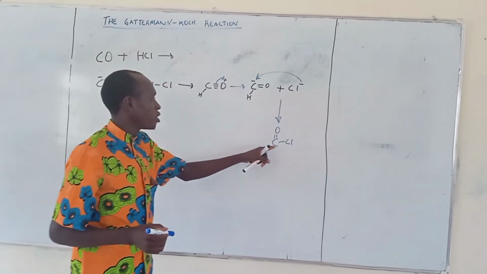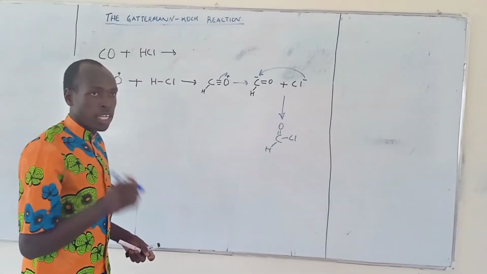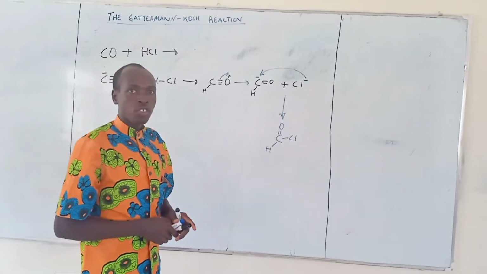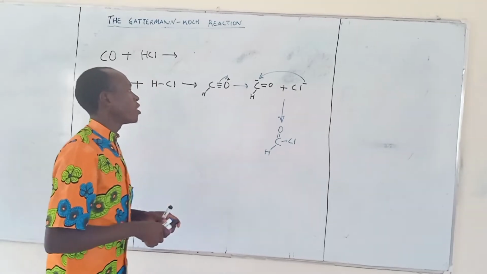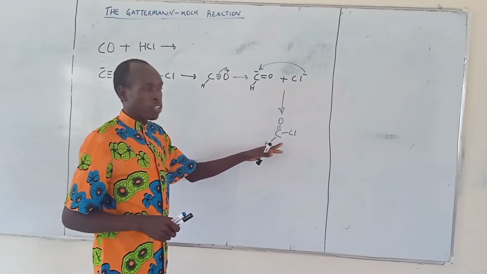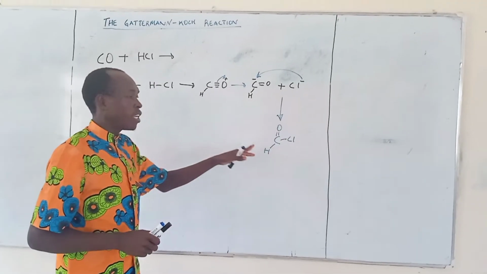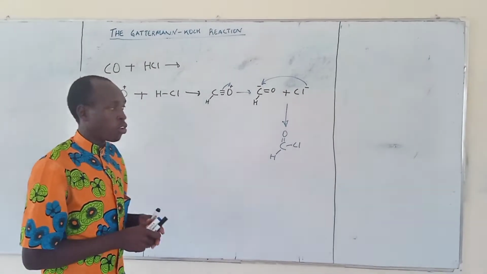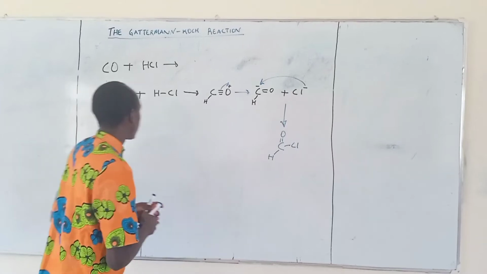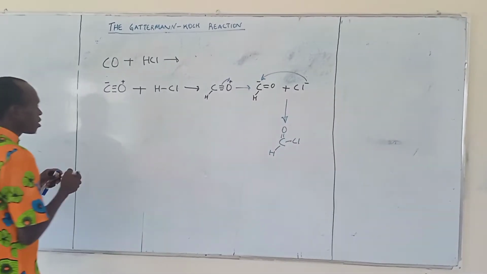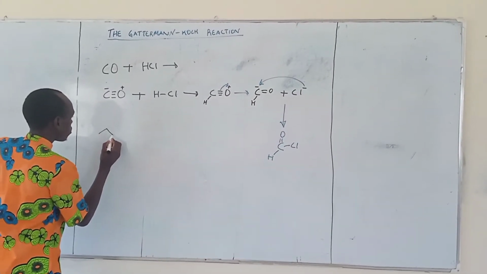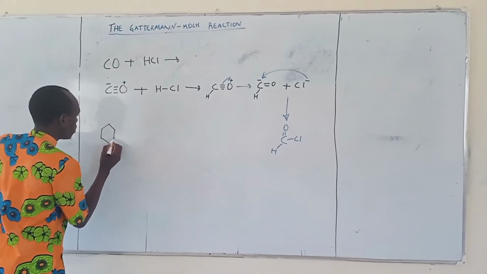So we are going to use this Gattermann-Koch product to react with the benzene ring, so that we get the significance of the Gattermann-Koch reaction. You need to know that at last we shall get the benzaldehyde. So we are going to react it with the benzene ring. This is our benzene.